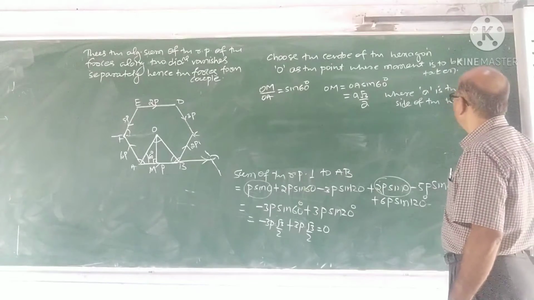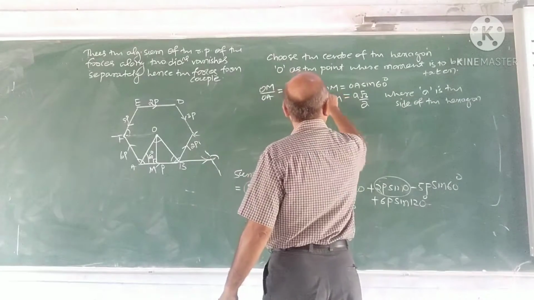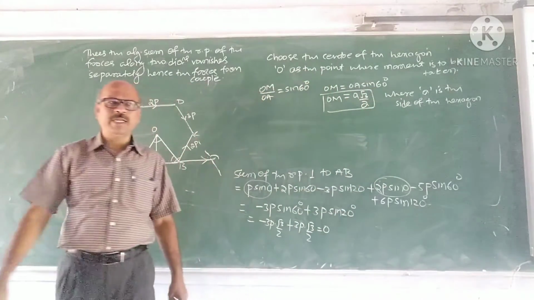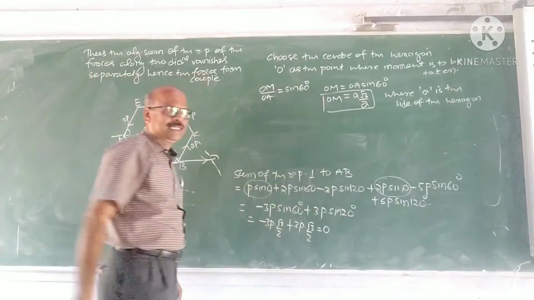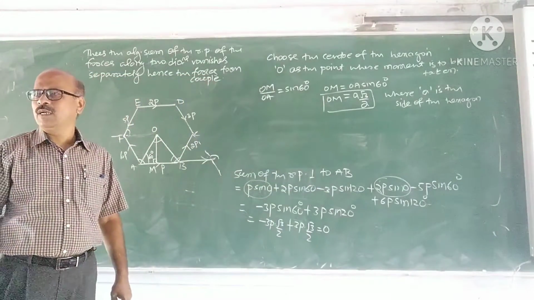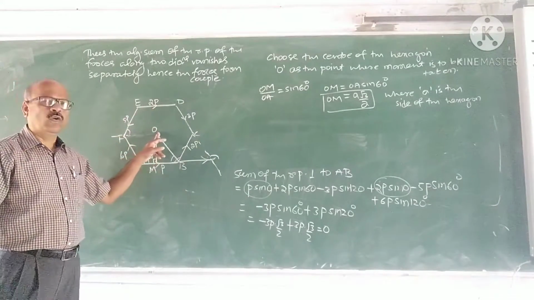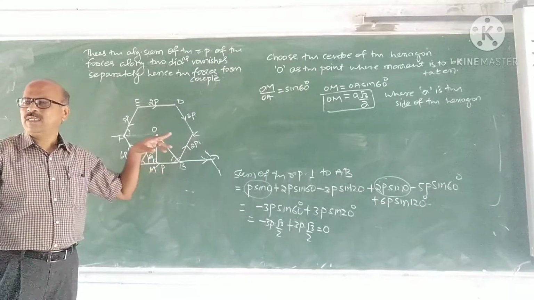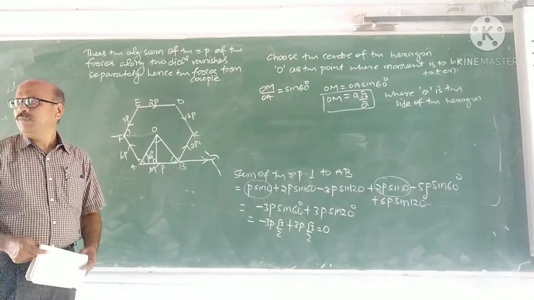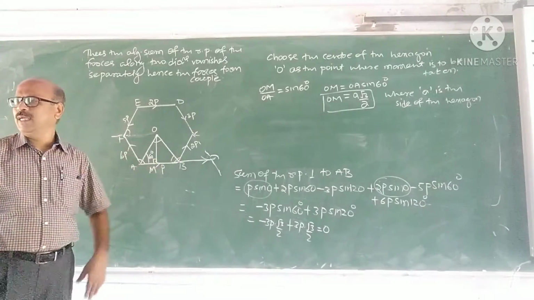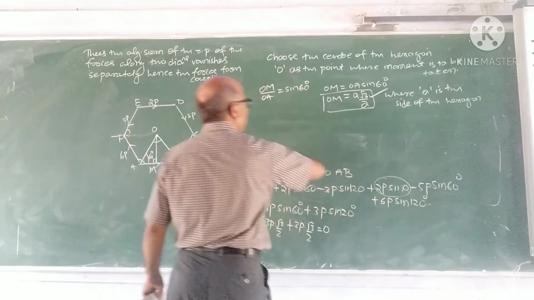Regular means all the sides are equal. So the perpendicular distance is root 3 by 2 a. Since it is regular, the distance of O from all 6 sides is the same: root 3 by 2 a, where a is the side of the hexagon.